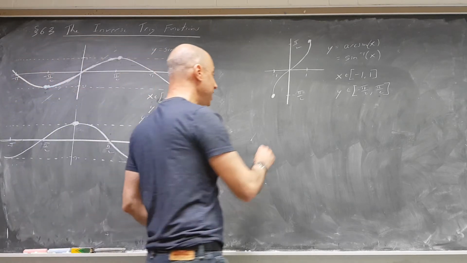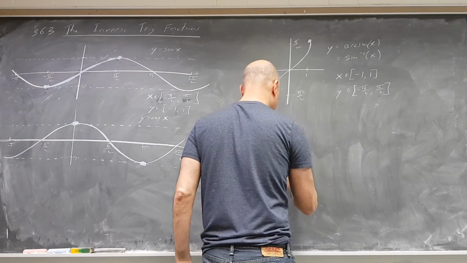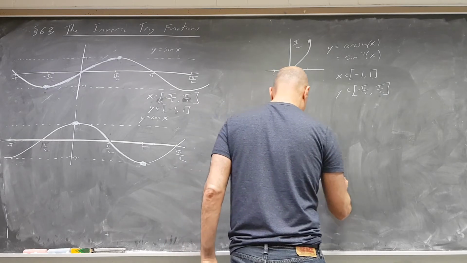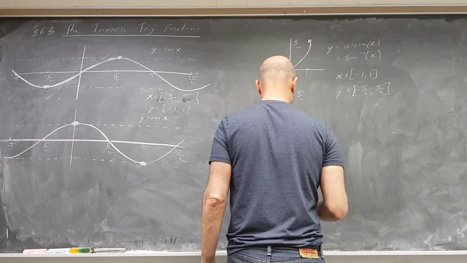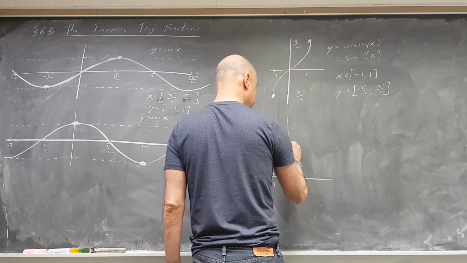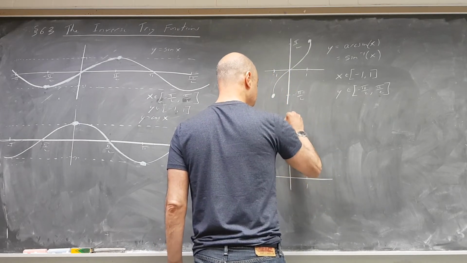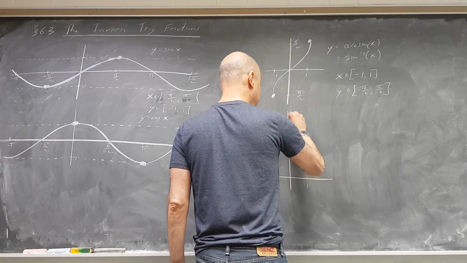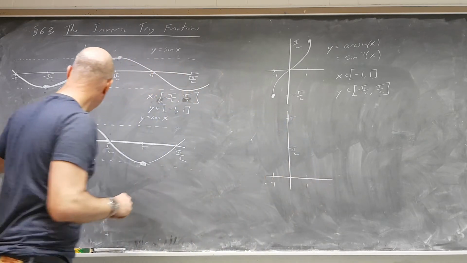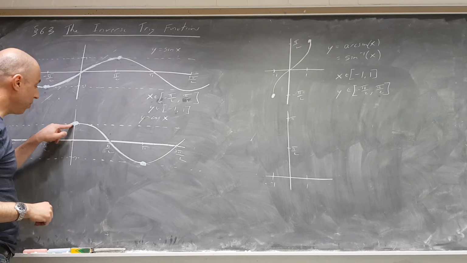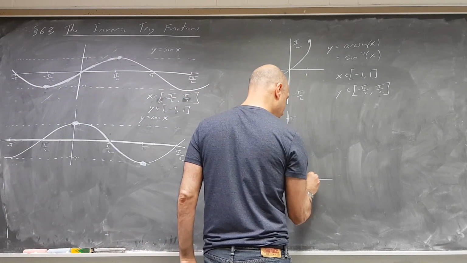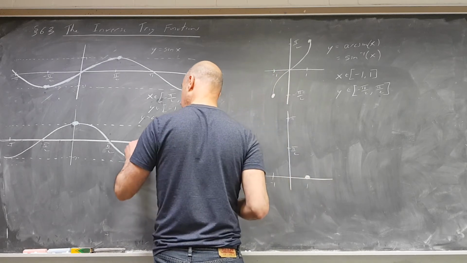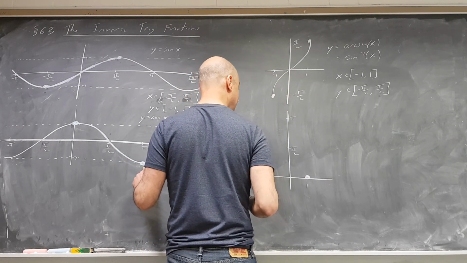And again, if you reflect that over the line y equals x, negative 1 to 1, just like before. We're going to start at 0. Here's pi over 2. Here's pi. This curve goes through the point 0, comma 1. So this curve goes through the point 1, comma 0. And it goes through the point pi, comma negative 1.